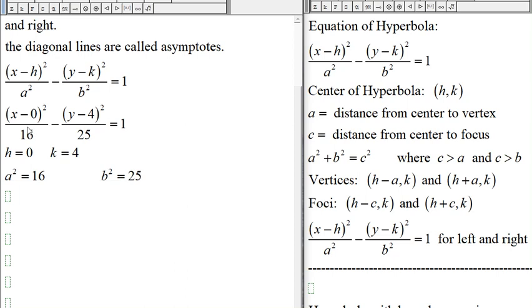So when the hyperbola is in standard form like this, the first number is always a squared, and the second denominator is always going to be b squared. And recall that for the ellipse, the larger of the two is a squared. But for the hyperbola in standard form, the first number is a squared, and the second denominator is b squared.